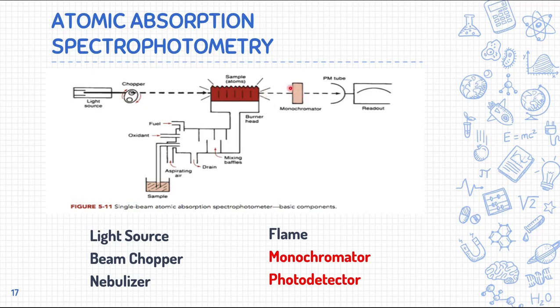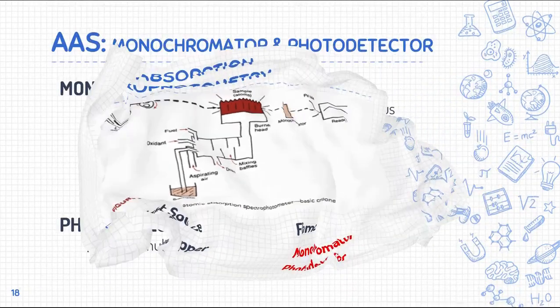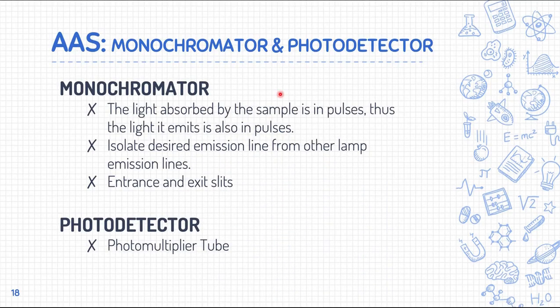So in that case, the light coming from your flame or your burner will be electronically eliminated from the system. So you only will be able to measure the pulses of light. Therefore, you will now be correctly measuring the concentration of your analyte. So that's what your monochromator does there.